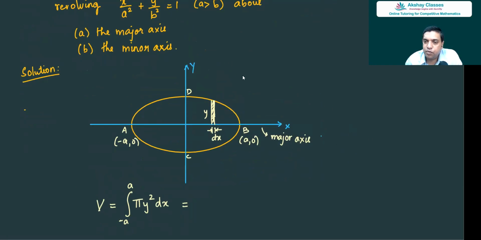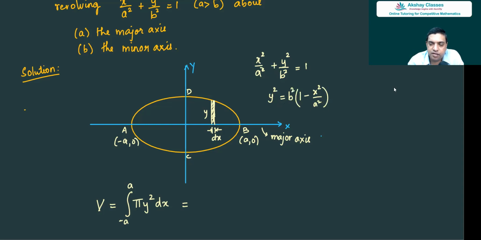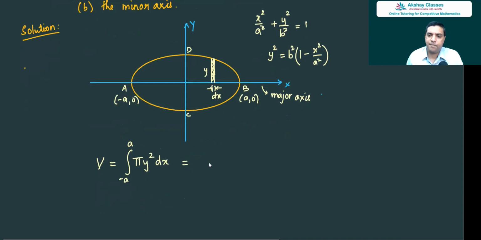From the equation of the ellipse, x square by a square plus y square by b square equal to 1, y square will be 1 minus x square by a square times b square. So integral pi b square times 1 minus x square by a square, from minus a to a.